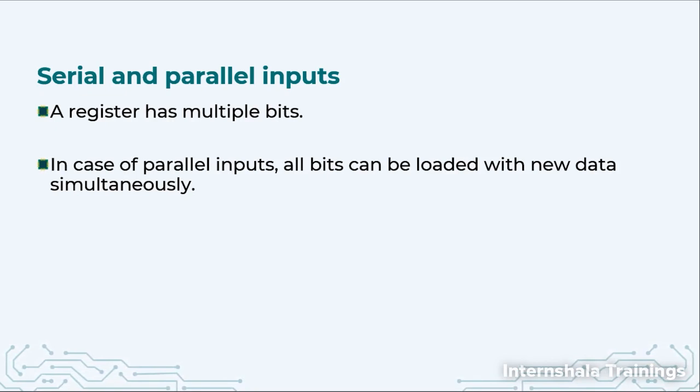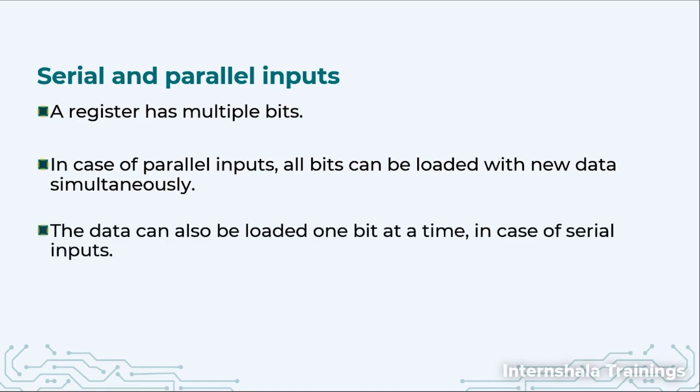So if I have a 4-bit register, I am updating all the 4 values at one moment. The data can also be loaded 1 bit at a time, and that is what we call serial inputs. We don't need to load all the bits at one time. We can load 1 bit at a time.